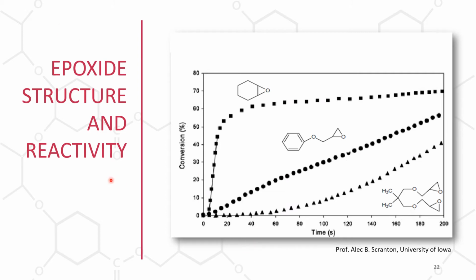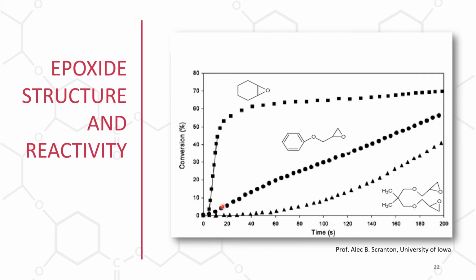We have on the y-axis the conversion, and on the x-axis the amount of time after exposure to UV energy, where you start getting reaction. You can see the cycloaliphatic epoxide very quickly starts to cure, a very fast reaction, and you get quite a high level of cure.